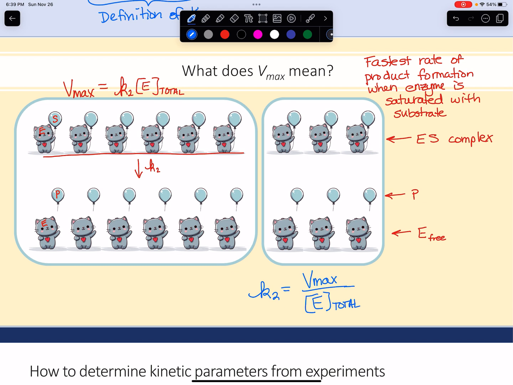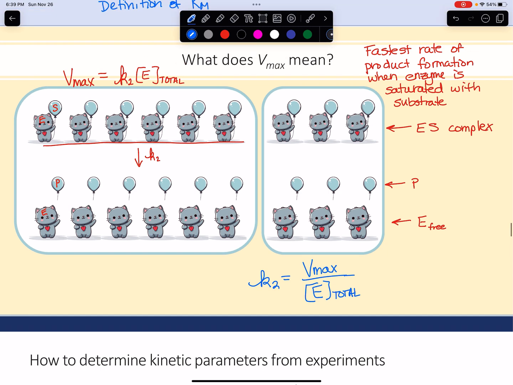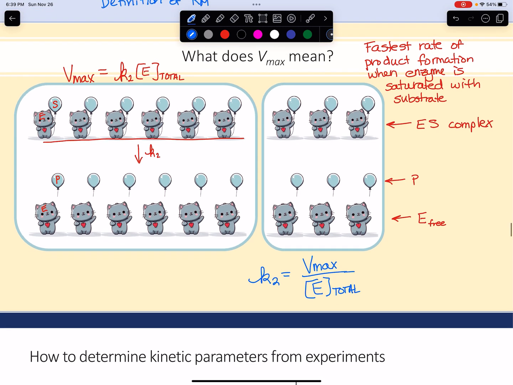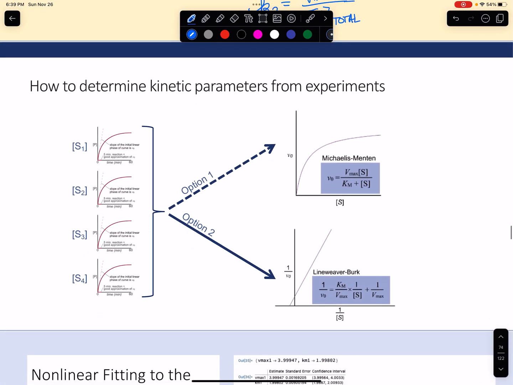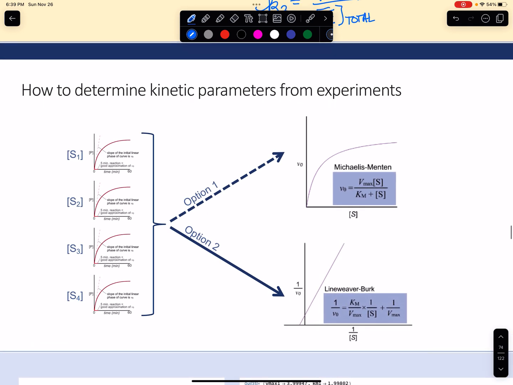So you can compare your Vmax under, let's say, different conditions, or with maybe different additives to your experiment, okay? Okay, so this is just an overview of what this is going to look like in the lab, okay?